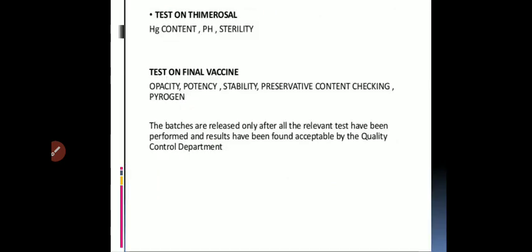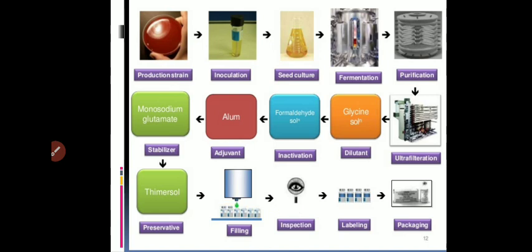During this inspection, our vaccine undergoes various processes like sterility testing, toxicity testing of this toxoid, and later on different types of labels are placed on it, which consist of manufacturing date, expiry date, then the strain used and amount of vaccine should be given.